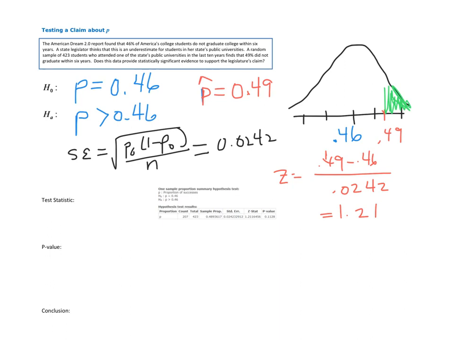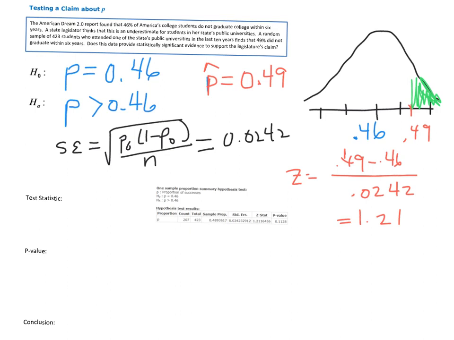If you look at the screenshots in lesson 7, I show you exactly how to get StatCrunch to do this. What you should find is a p-value of 0.1128, and you see that right here in the StatCrunch output. That's the green shaded area.